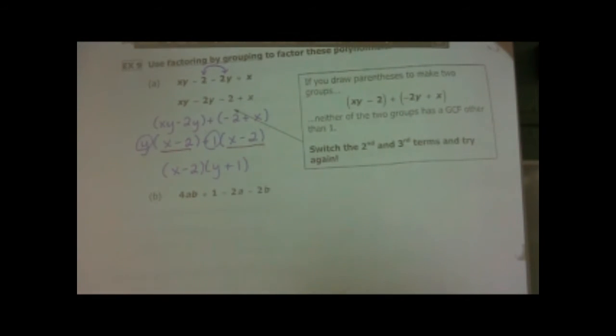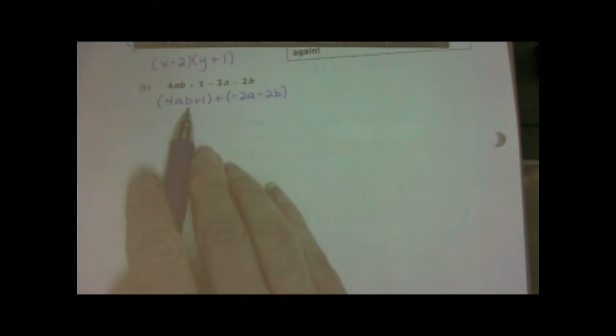All right, so let's take a look at example B. If I group this, here's what I've got. 4ab plus 1 plus, and I have negative 2a minus 2b in parentheses. Now, out of this first group, I don't have a greatest common factor other than 1.